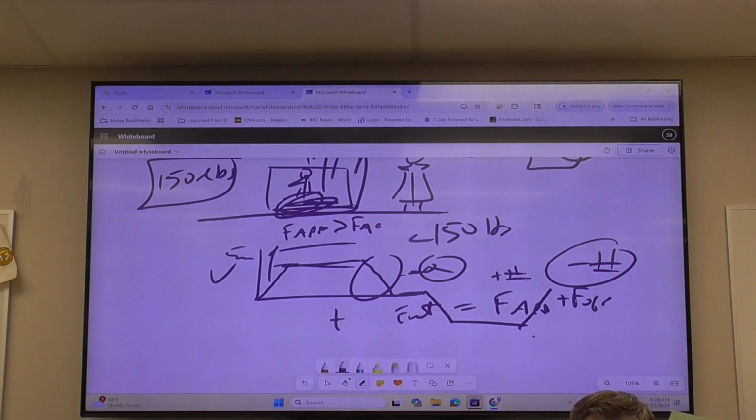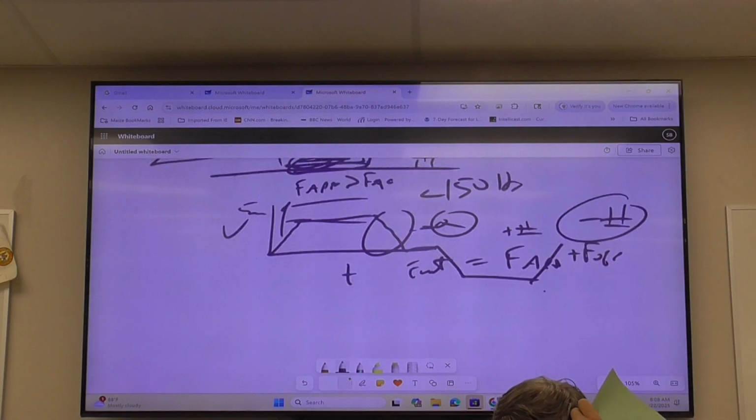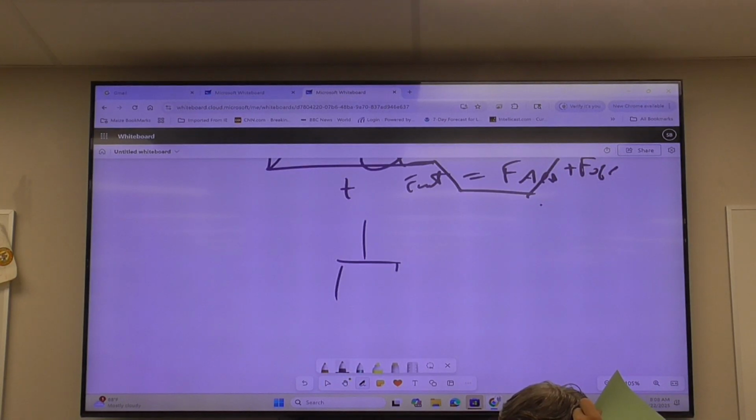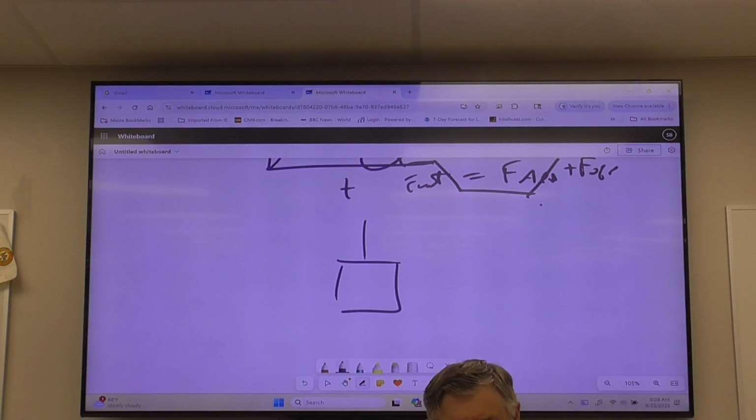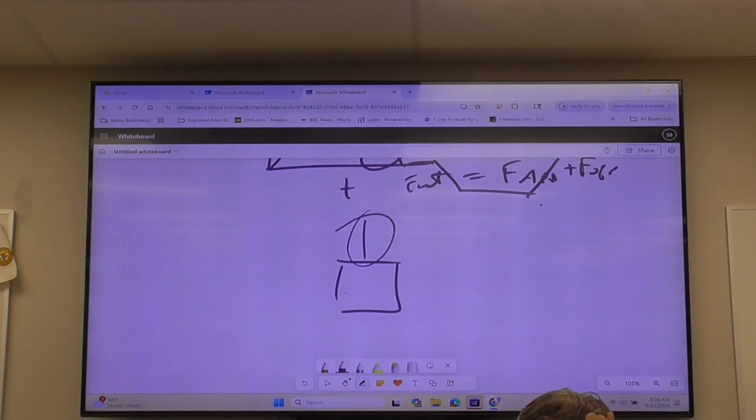When you get to question number 12, here's the basic idea: here's the elevator. If you're an engineer, you always plan for a worst case scenario. You're designing this elevator and you know the strength of the cable. Every cable or chain has a breaking point.